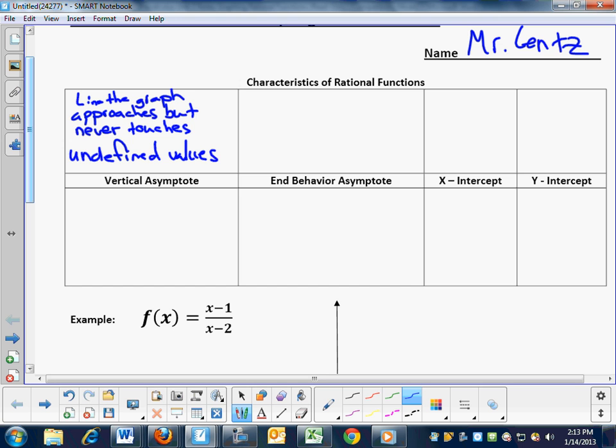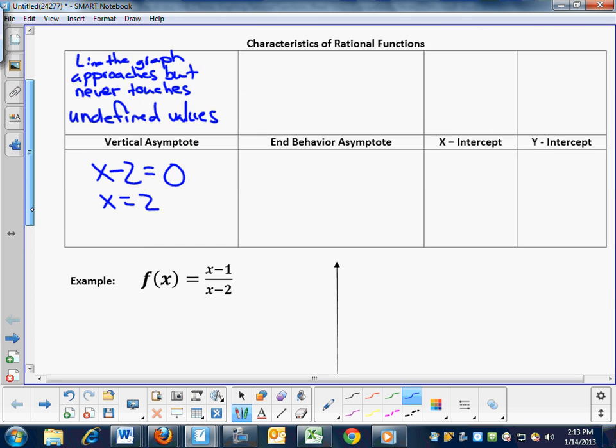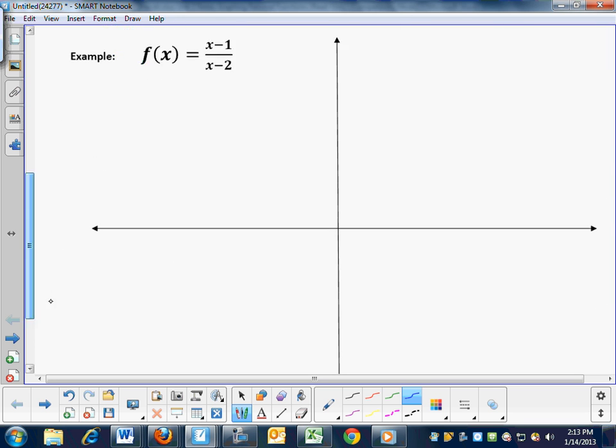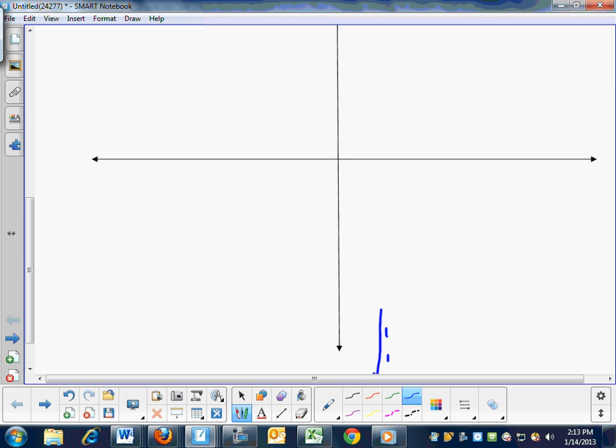Undefined values. The way that we find undefined values, if you look at this, x minus 1 over x minus 2, what value would give you 0 in the denominator? Yes, take the denominator and set it equal to 0 and solve it. So with our graph, we know we're going to have this vertical asymptote at positive 2.